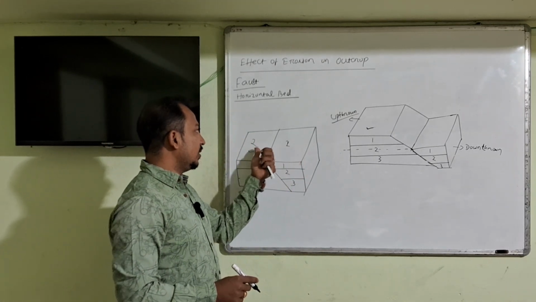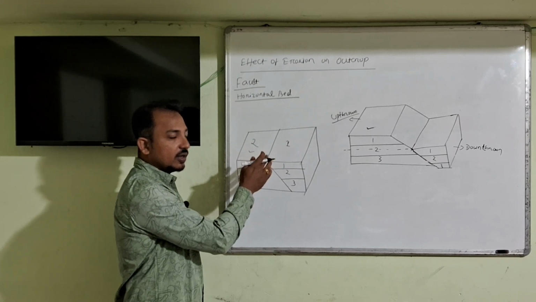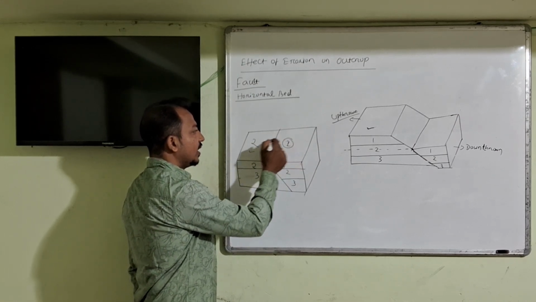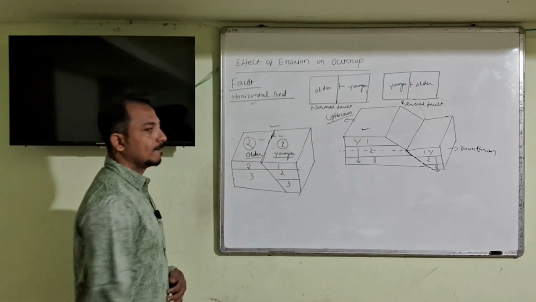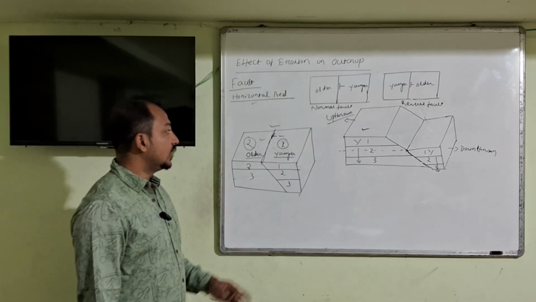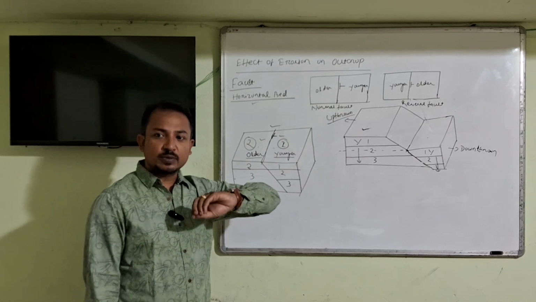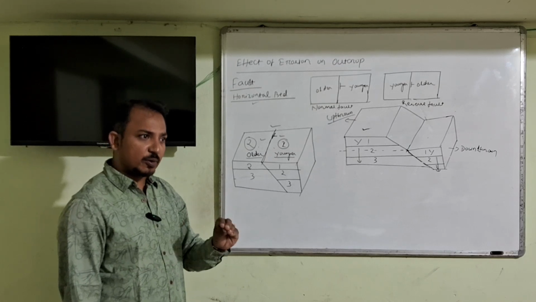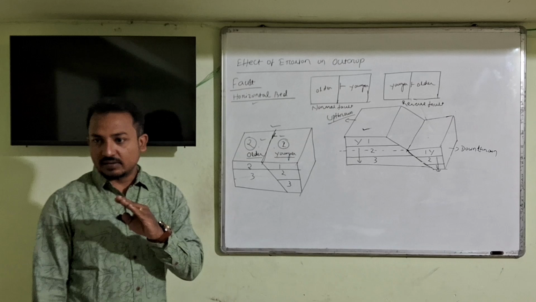So now on both sides of the fault, you will get one bed on one side and two beds on the other side. So in the horizontal bed condition, the up-thrown block always exposes the older one.